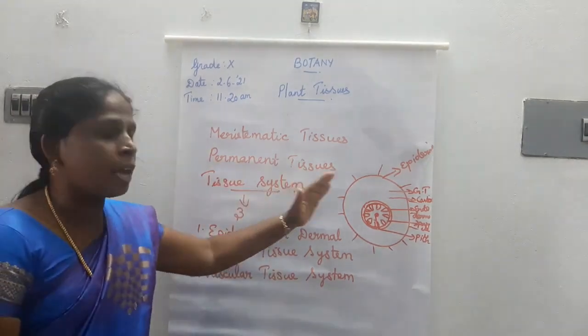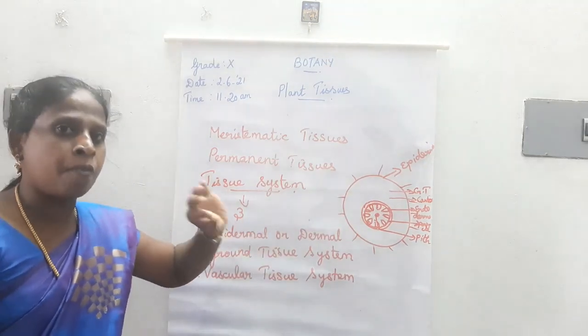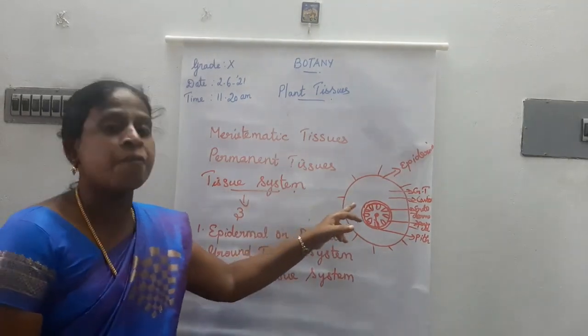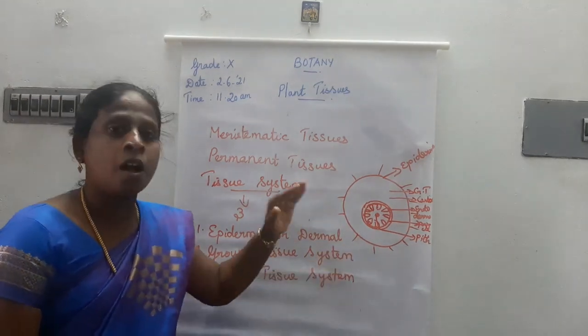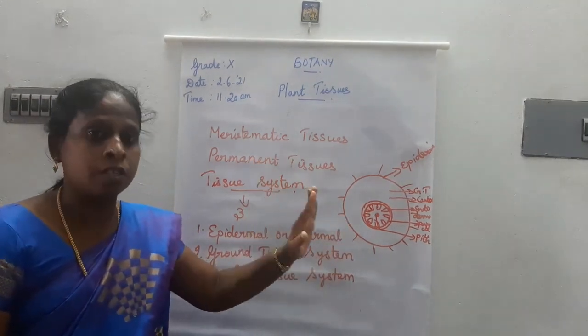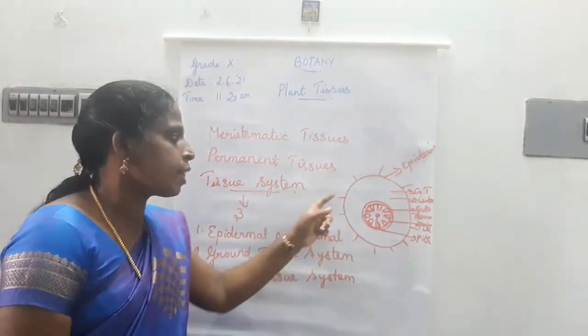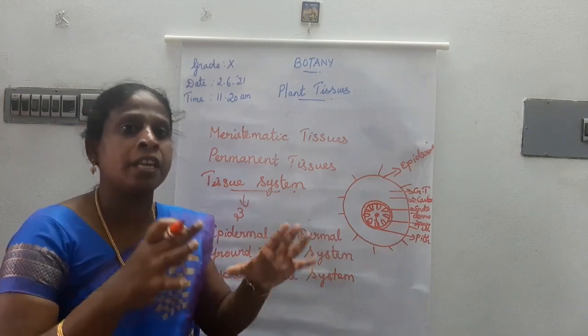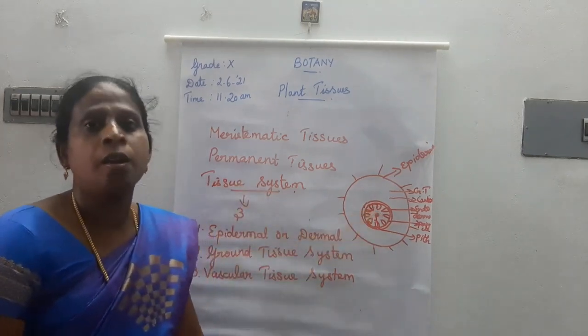The vascular tissue system, or the conductive tissue system, consists of xylem and phloem. These xylem and phloem are arranged in a bundle, and that type of bundle is called a vascular bundle.